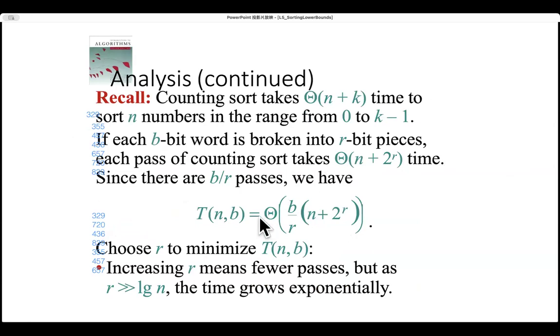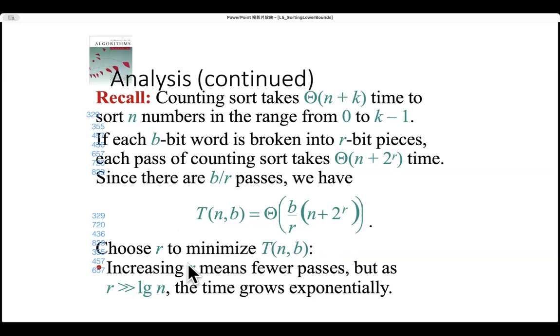That's why T has 2 arguments, N and B. In this formula, R is a parameter that we can choose, so we want to choose R to minimize the order of this formula.